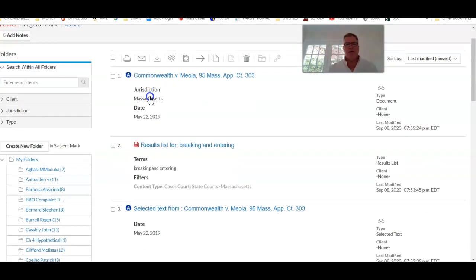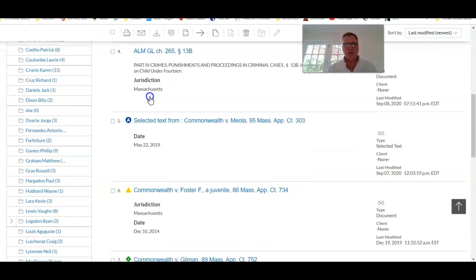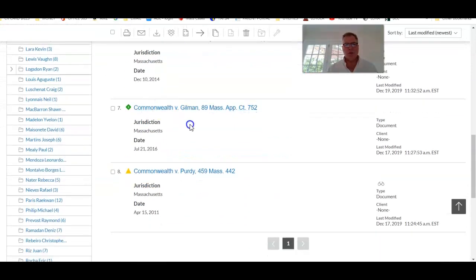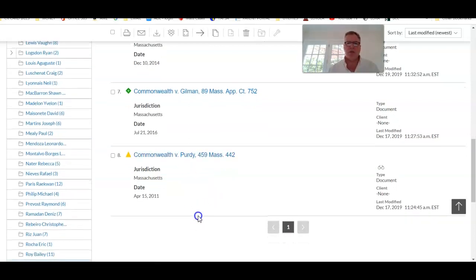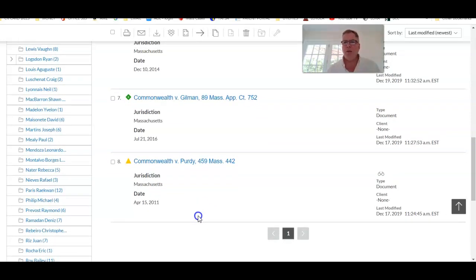And we will see that we have some cases here that I saved. Let's go to Commonwealth versus Purdy. That's a case that helped my legal argument. I represented the Commonwealth, and the issue in my appeal that the defendant raised was whether a letter that the defendant wrote to his probation officer while he was being held awaiting his probation violation hearing was properly authenticated before the government introduced it into evidence, meaning did the government prove that the defendant actually was the author of the letter.